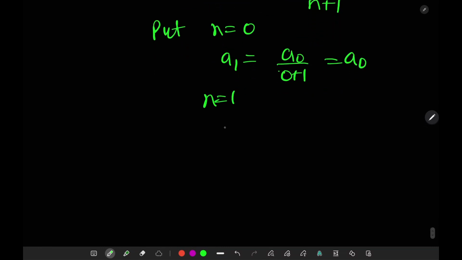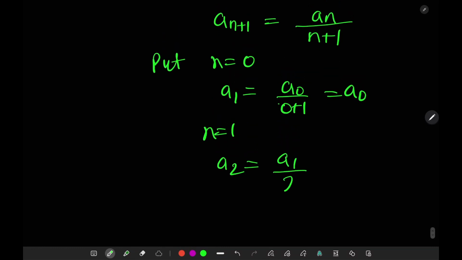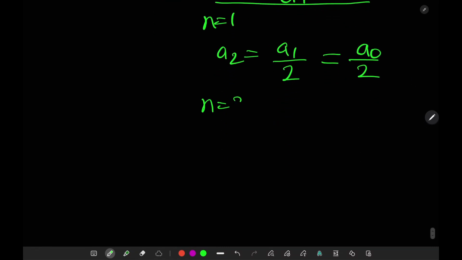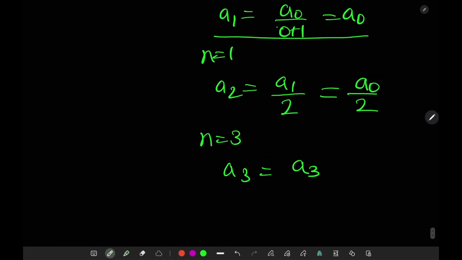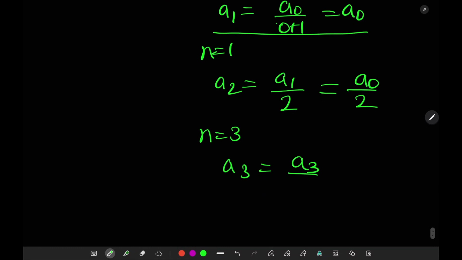Similarly, n is equal to 1, a2 is equal to a1 divided by 2, and here you can see a1 is equal to a0, so we can write this. Similarly, for n equal to 3, we can write a3 is equal to a3 divided by 4.